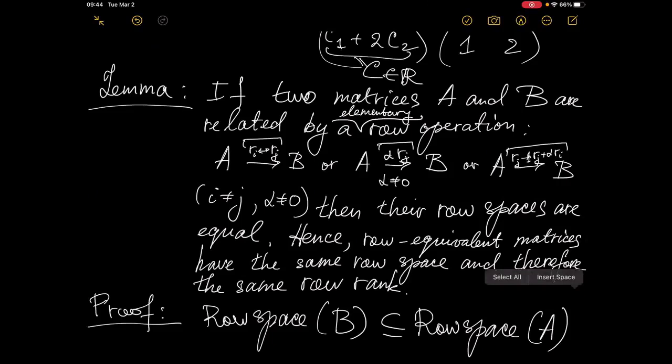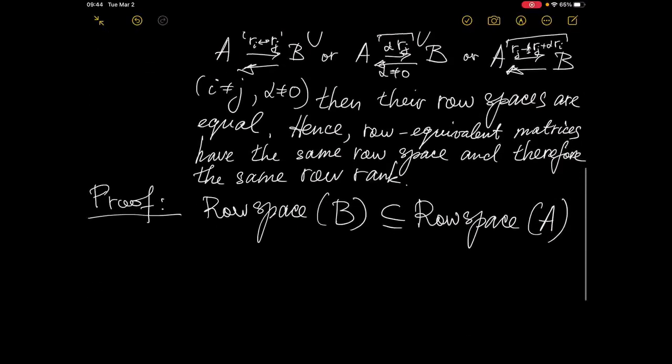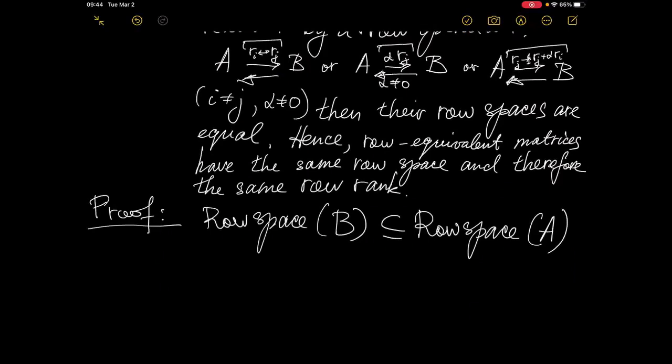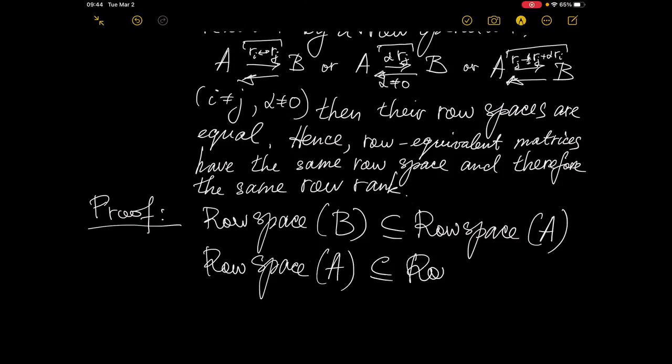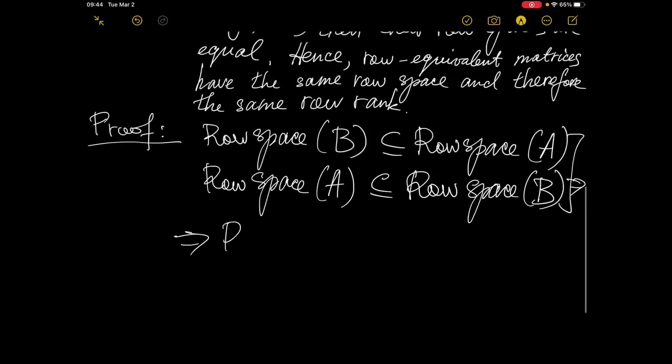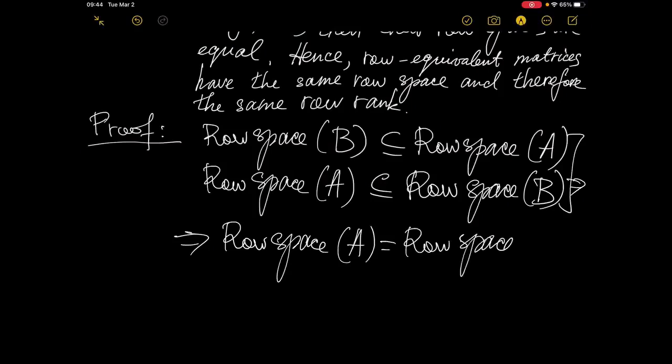So we can go from B to A using the same type of elementary row operations, which means that the row space of A is included in the row space of B. So from this, it follows that the only possibility is that the row space of A equals the row space of B. Is it clear or not?